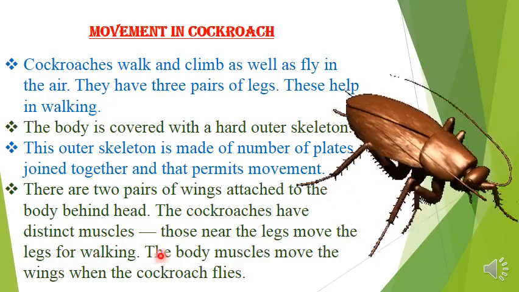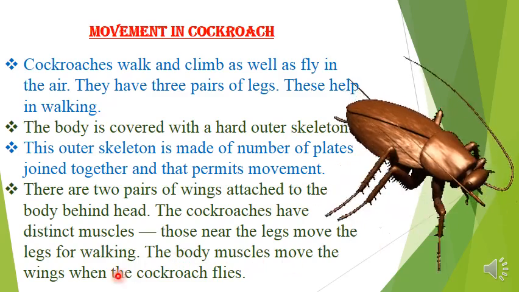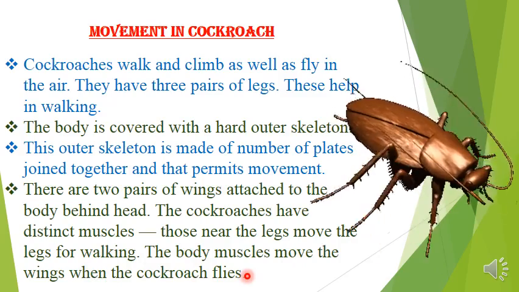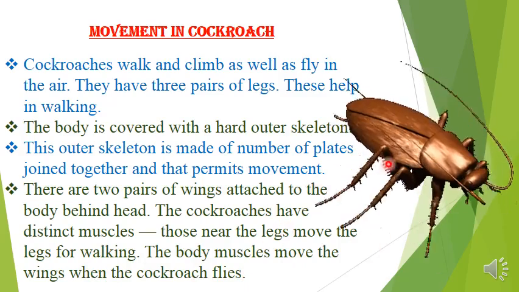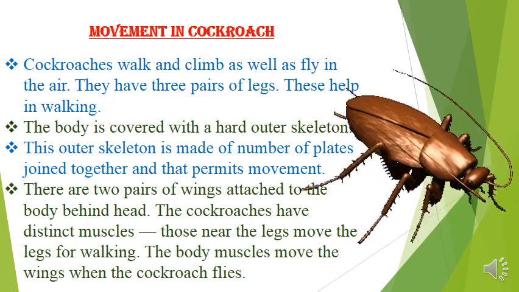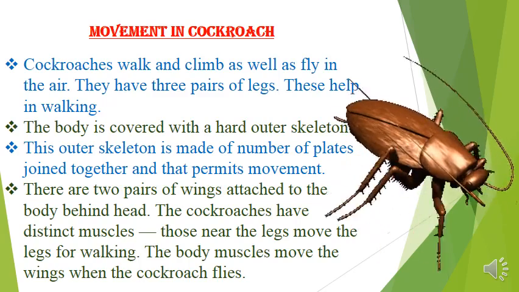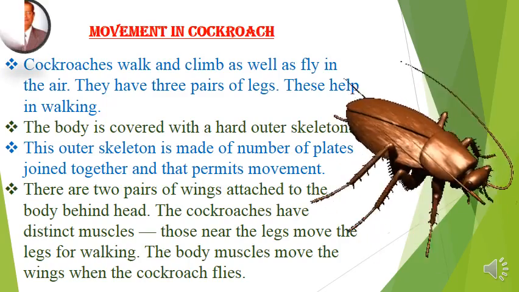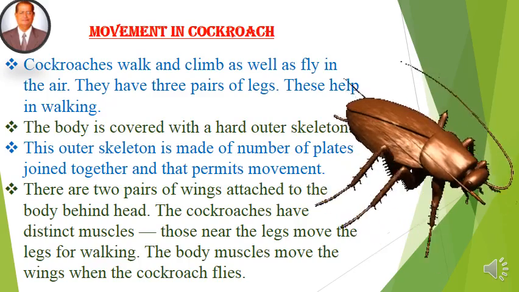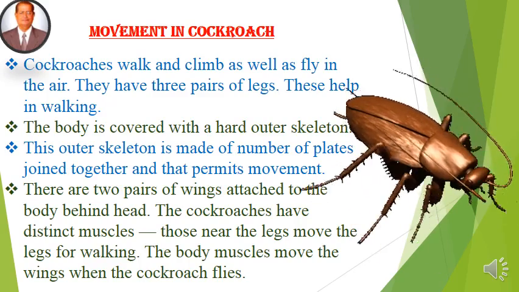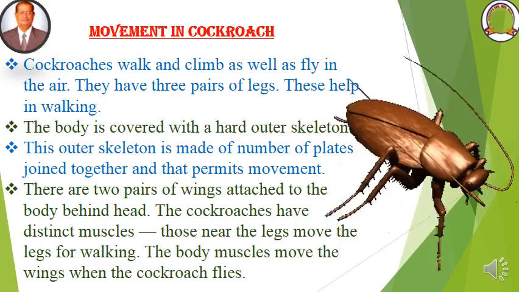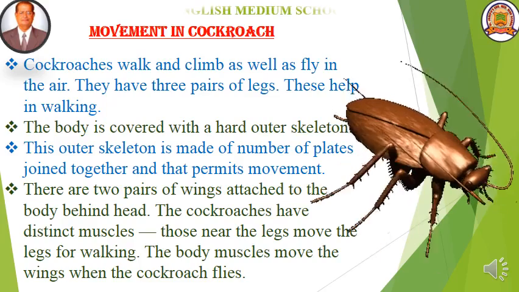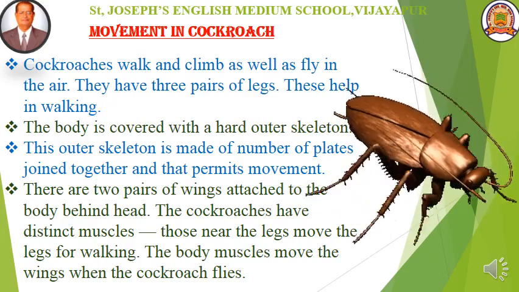The body muscles move the wings when the cockroaches fly. The muscle helps while the cockroach wants to fly with the help of its wings. As in the human body, where for bones to move the muscle should contract and relax, the same role is done by the muscle in the cockroach.